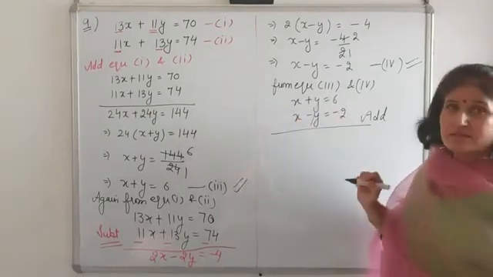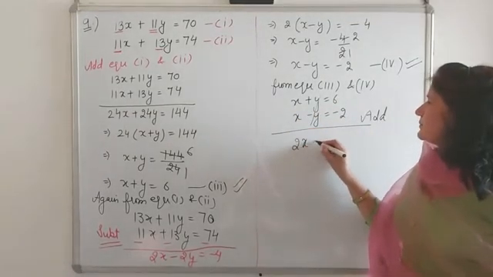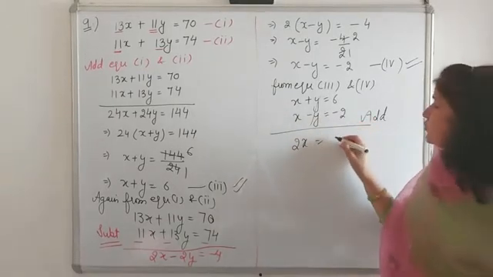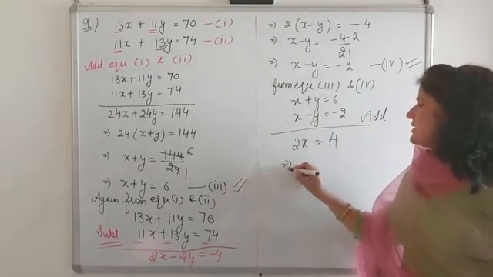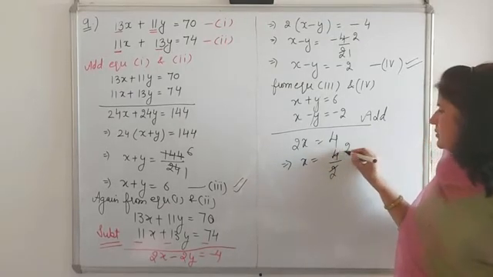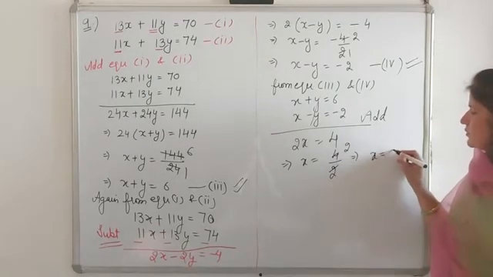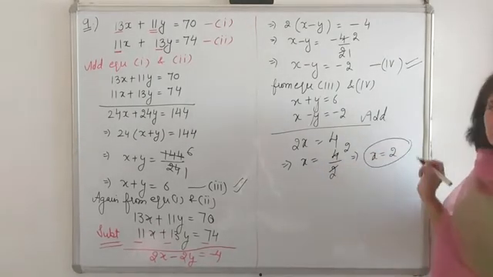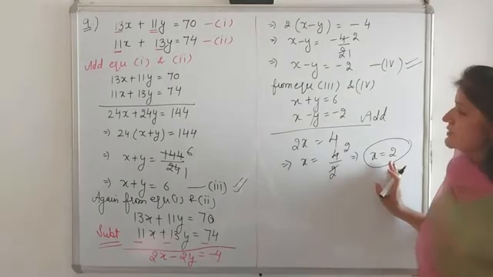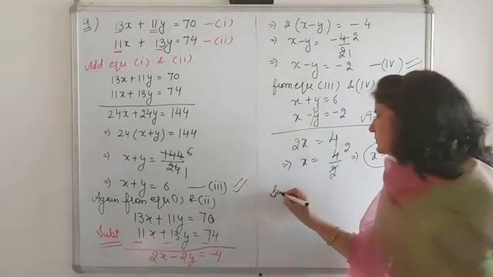It is cancelled. x and x, what becomes? 2x. Here 6 minus 2, 4. So what is x? 4 over 2. We reduce to the lowest term. So x is 2. So one value we have done. Now substitute this x in 3rd or in 4th.